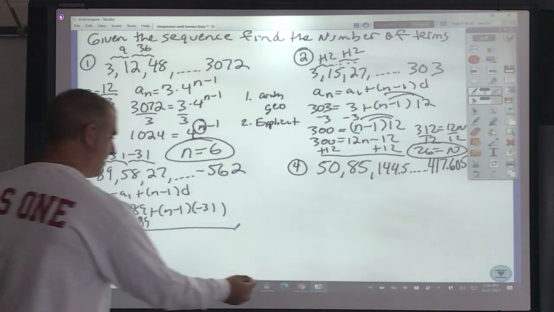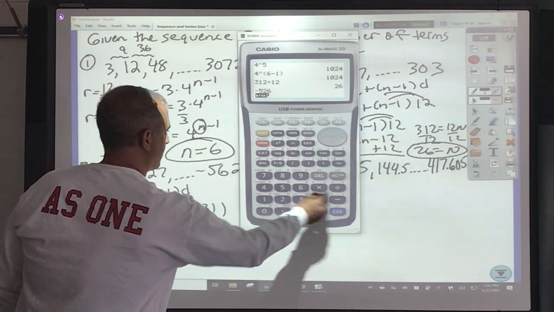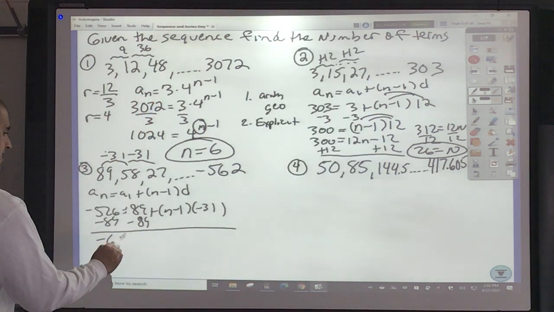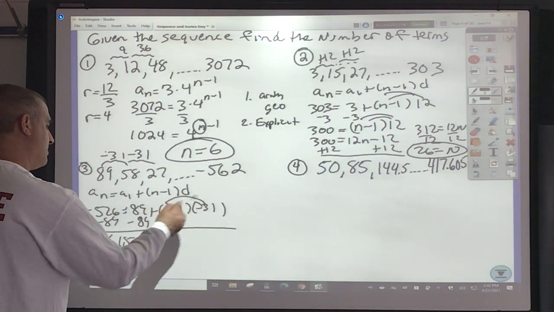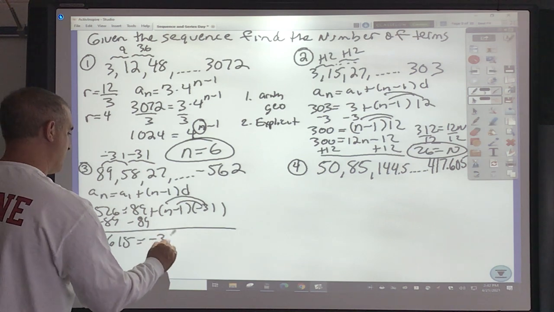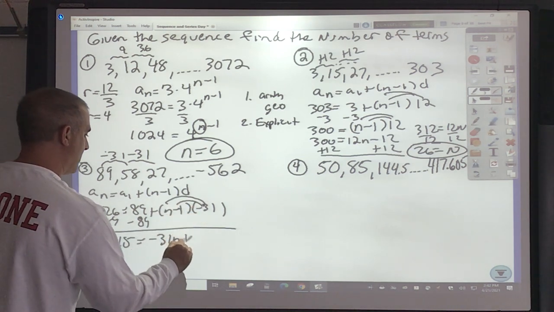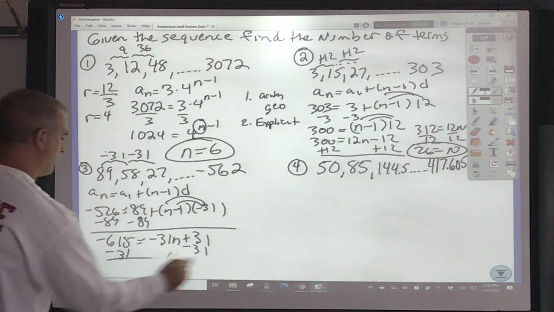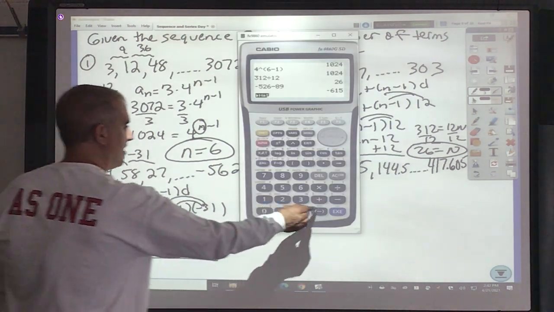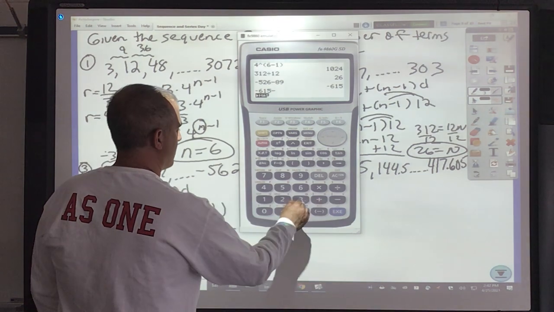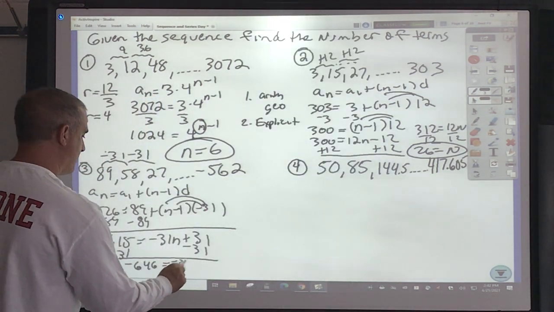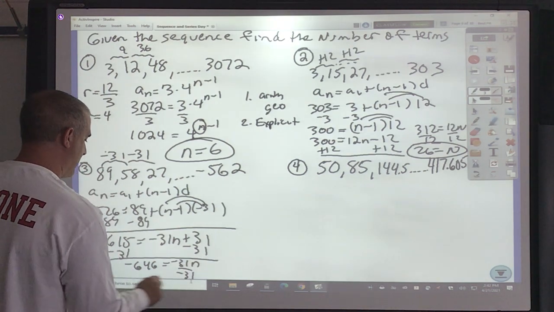So I got negative 526 minus 89, that's negative 615. I'm going to distribute this, so it's going to be negative 31n, negative 31 times that would be positive. I want to subtract this 31. Negative 615 minus 31 is negative 646 equals negative 31n, and I want to divide by negative 31.